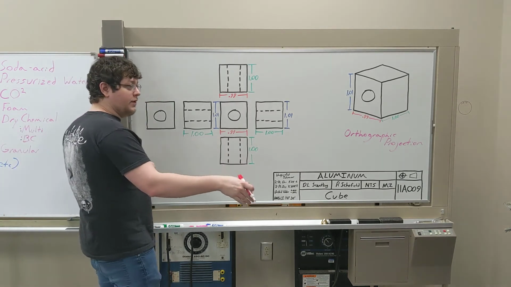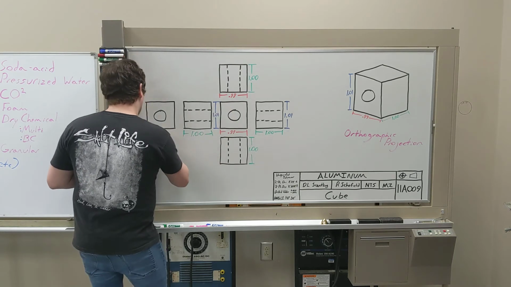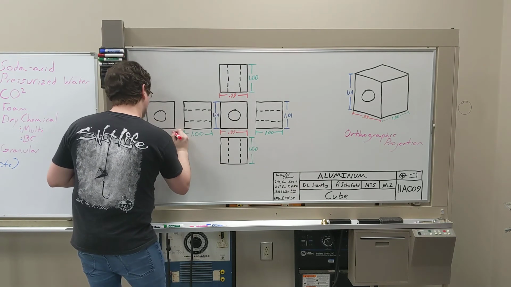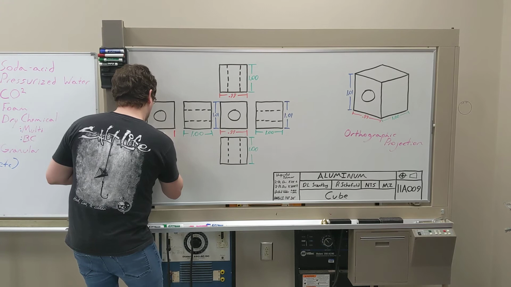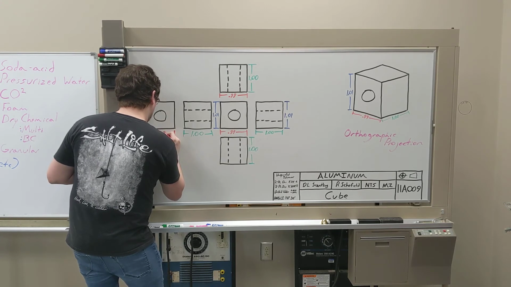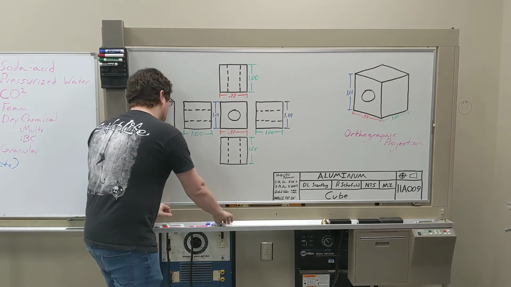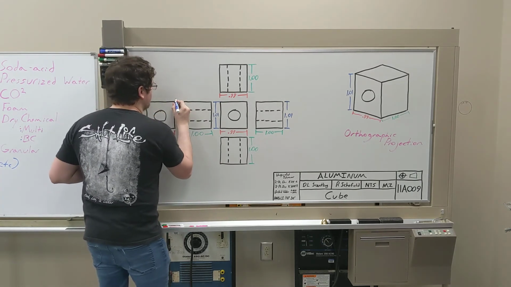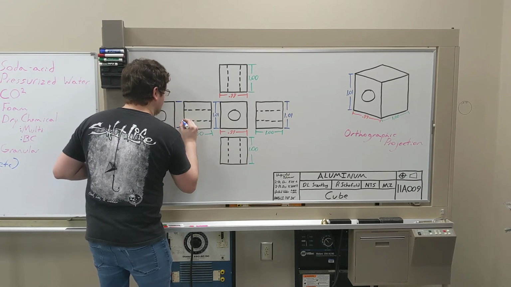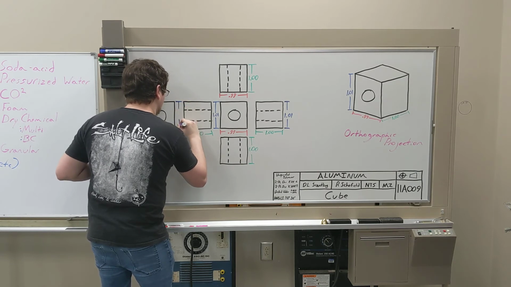It's going to be my width, it's going to be my height. 0.99. And then what's my height? It's going to be 1.01.